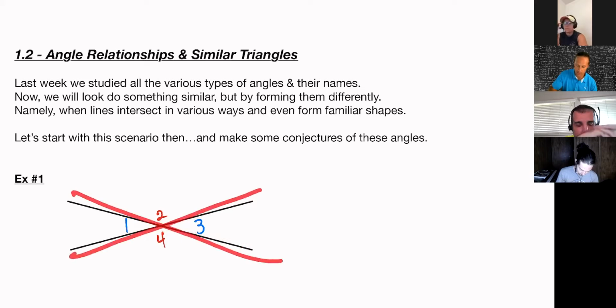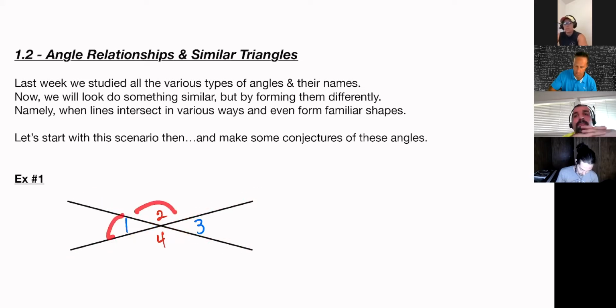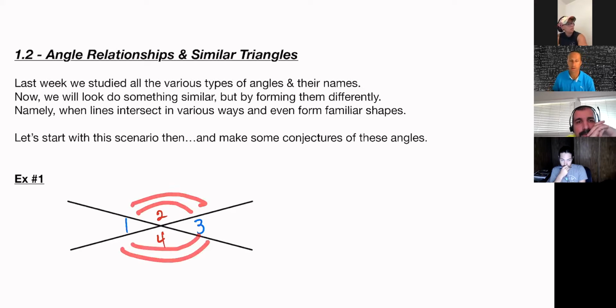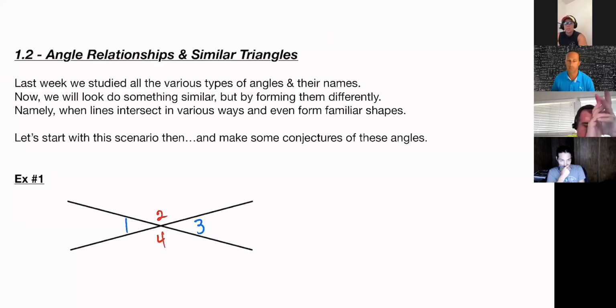With these 2 segments or lines, we have now created 1, 2, 3, and 4 angles. And you can see I color coordinated these 2 specific types. Angles 1 and 3 are what are called acute angles, but they do have a relationship together with one another, as well as angles 2 and 4. What kind of angles are they, and what is their relationship?